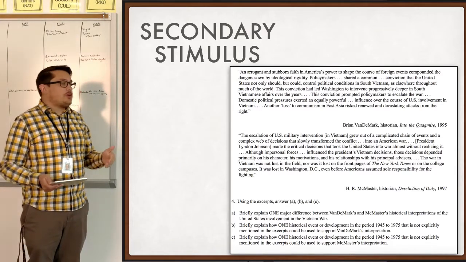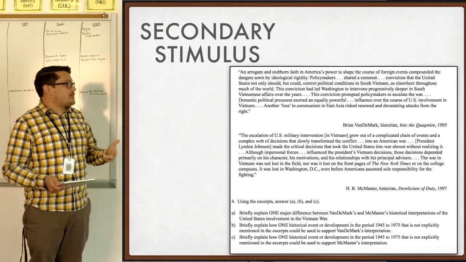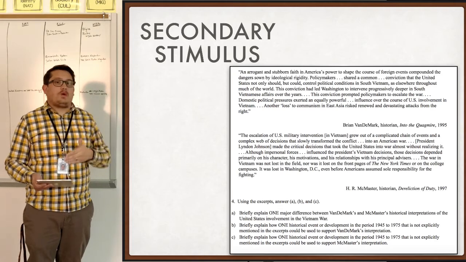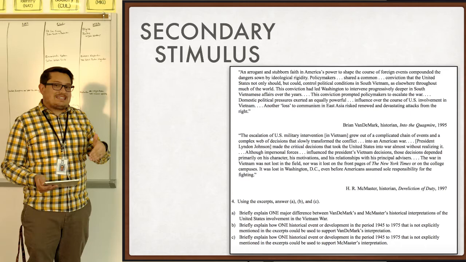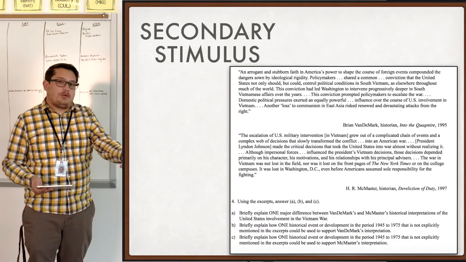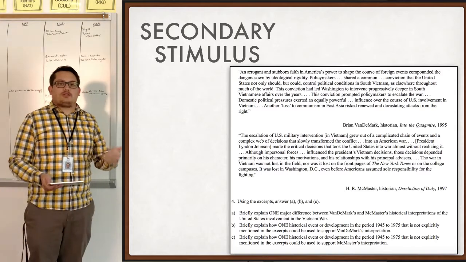And so very frequently, the questions you'll be asked are, 1, briefly explain one major difference between them. Or here's one, what's an event that proves the argument that one person is making? What's an event that proves the other? Very frequently, that's what you're going to see.